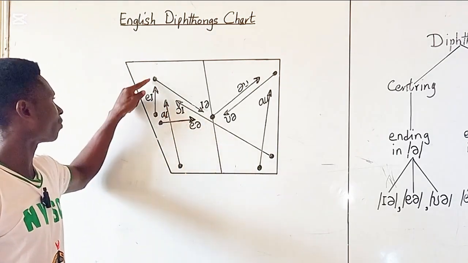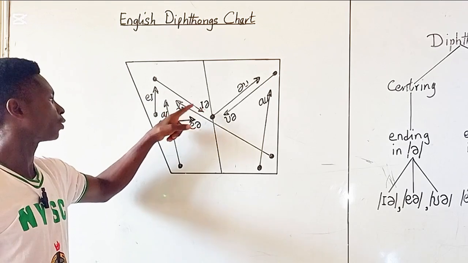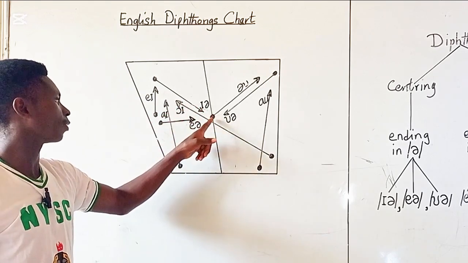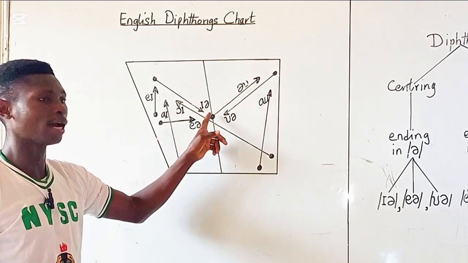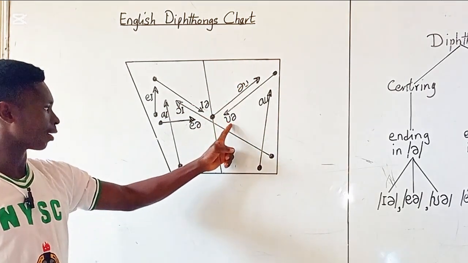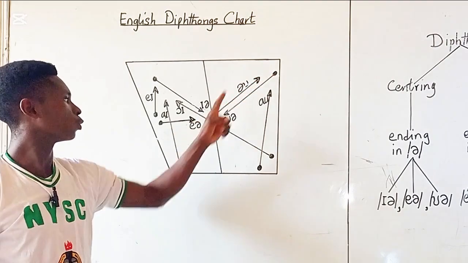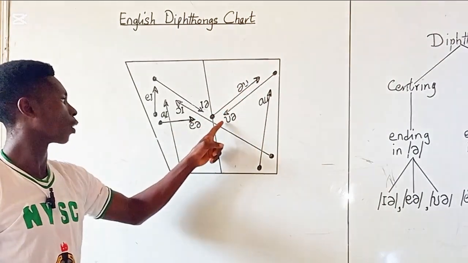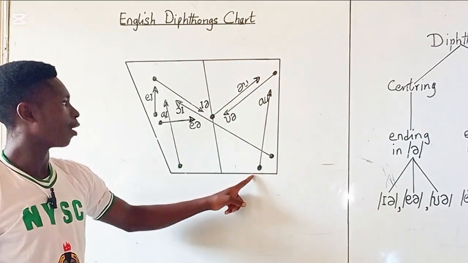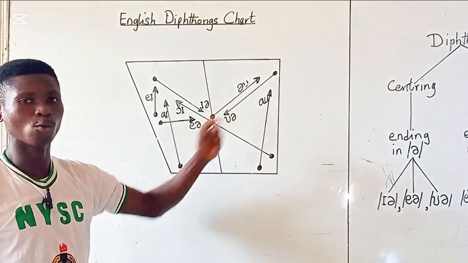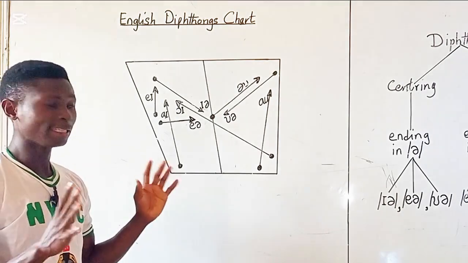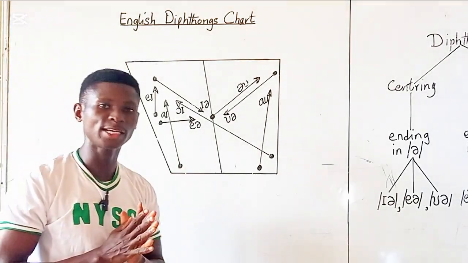This one glides from I to schwa. So we have ear. This glides from E to schwa. So we have air. Here we have U to schwa. We have or. Then schwa to U. We have ow.